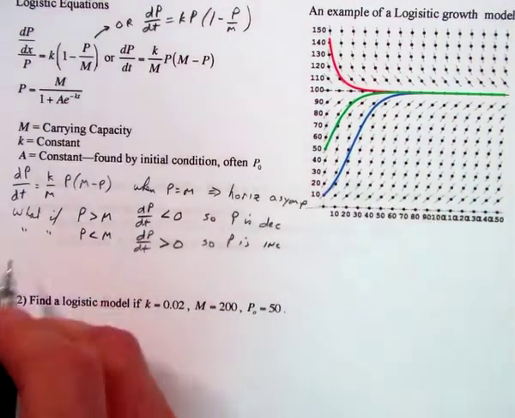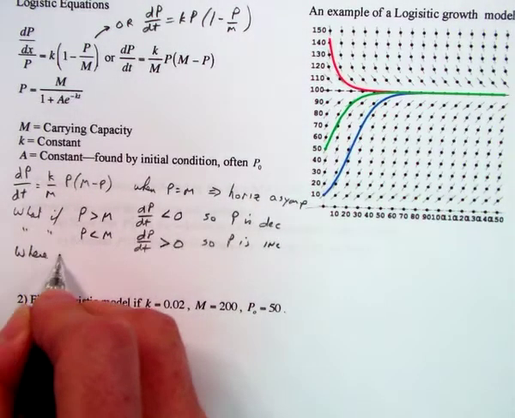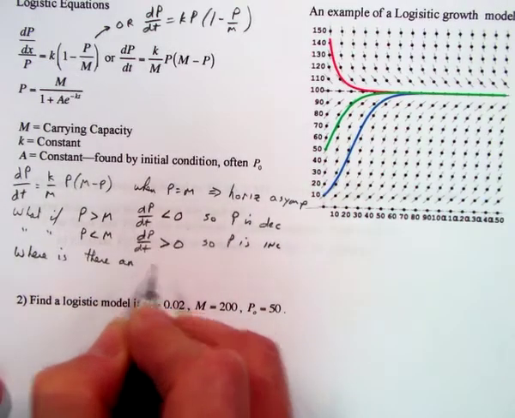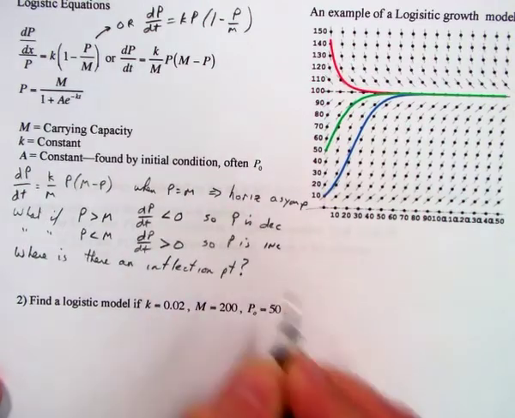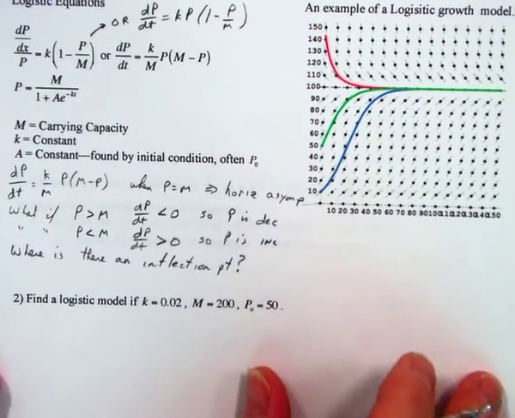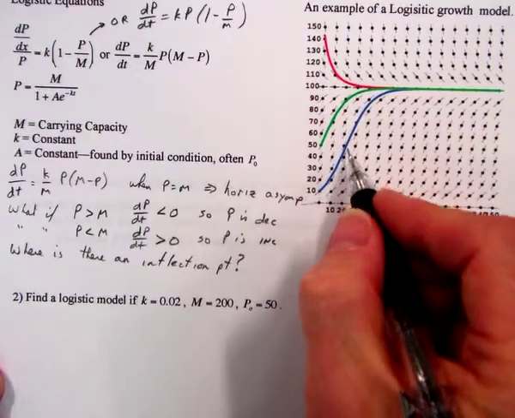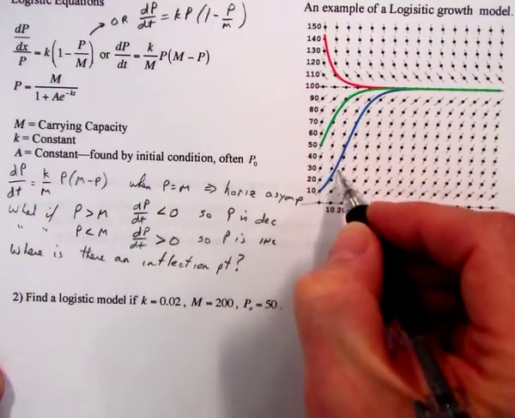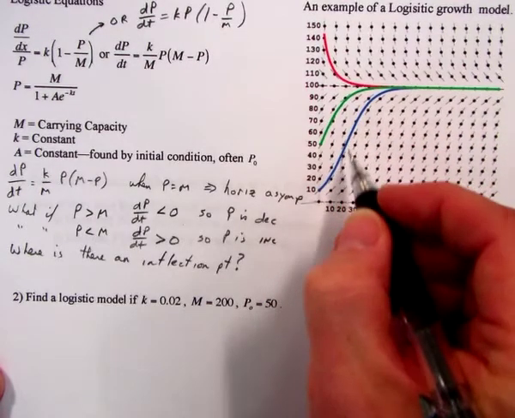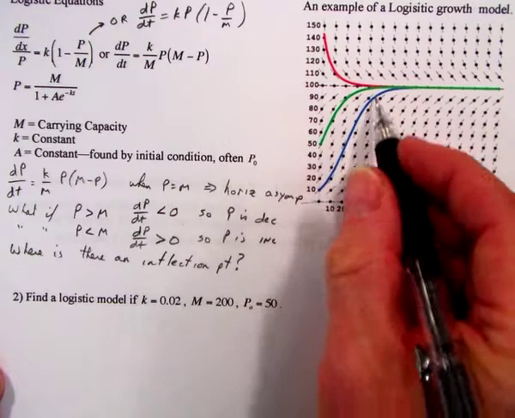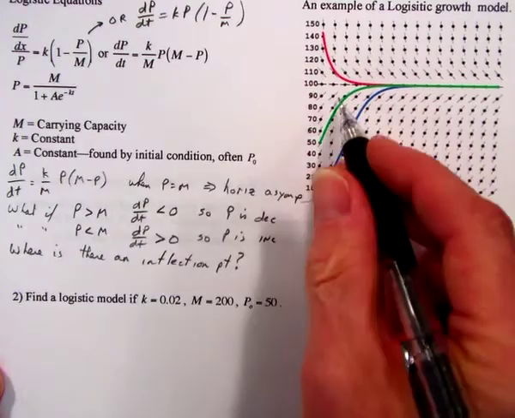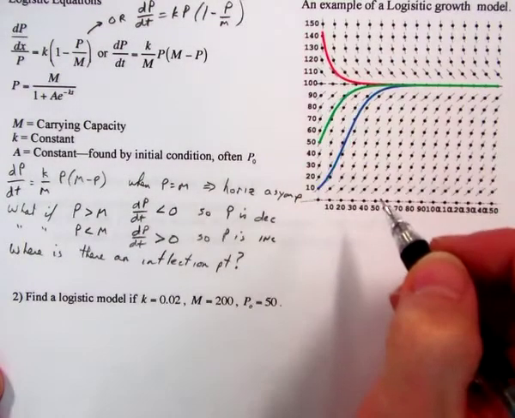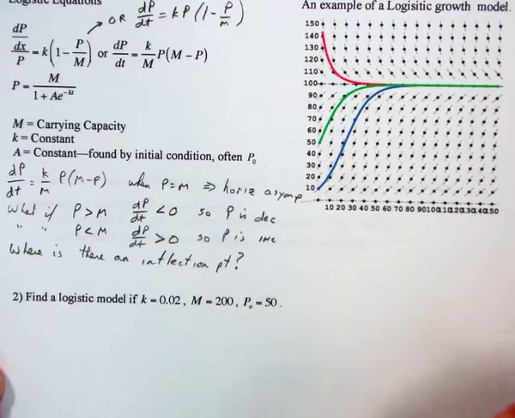We could also look at where there is an inflection point. We can solve it. We have done that already. But the inflection point is where our curve changes from concave up to concave down, and that value is going to be 1/2 the sum of 0 and M, though since it's 0, it won't really matter.